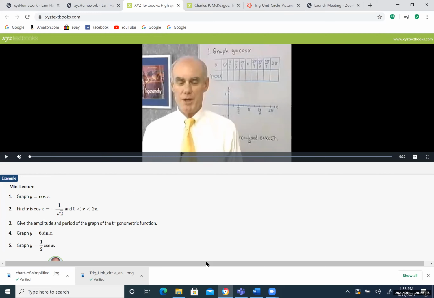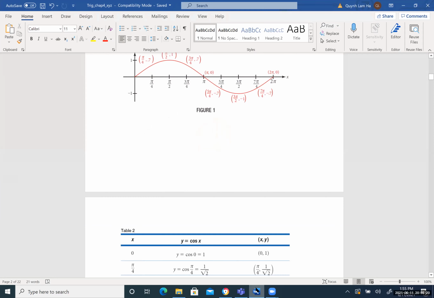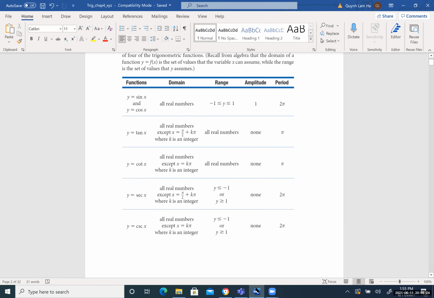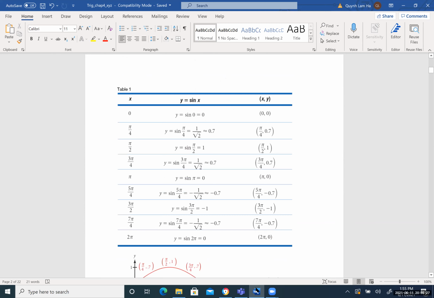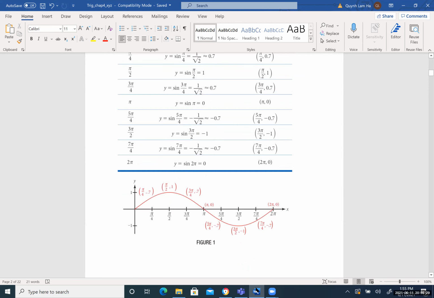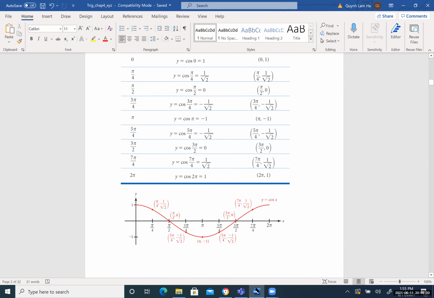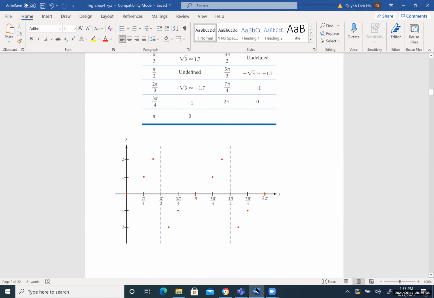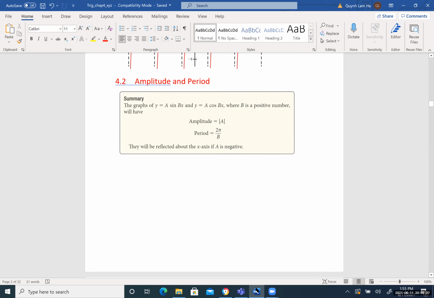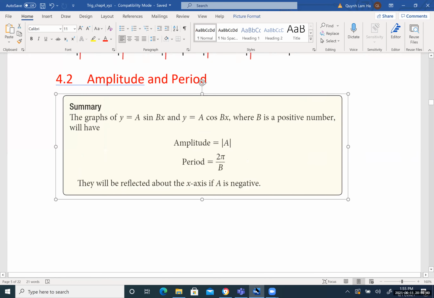I recommend that you read my extra notes before you watch the video, okay? So I give you extra domain and range, and how to graph it, and the formula for amplitude right here. So you can take a look at it.